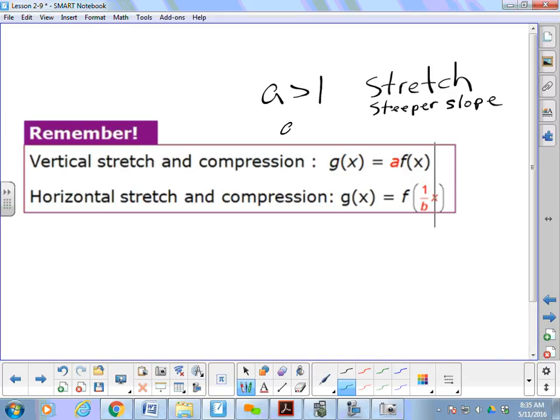If a is between 0 and 1, all right, then it's going to be a compression, which means then our slope will not be as steep, okay? It's going to be a lower, smaller slope.